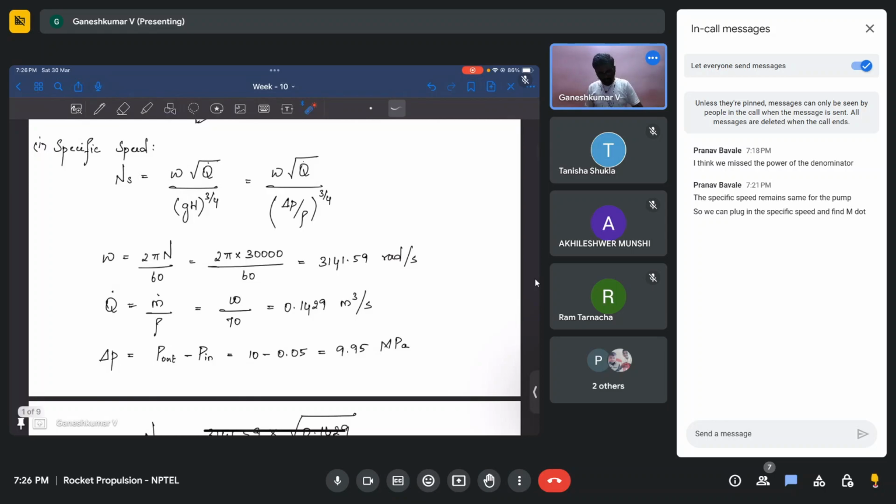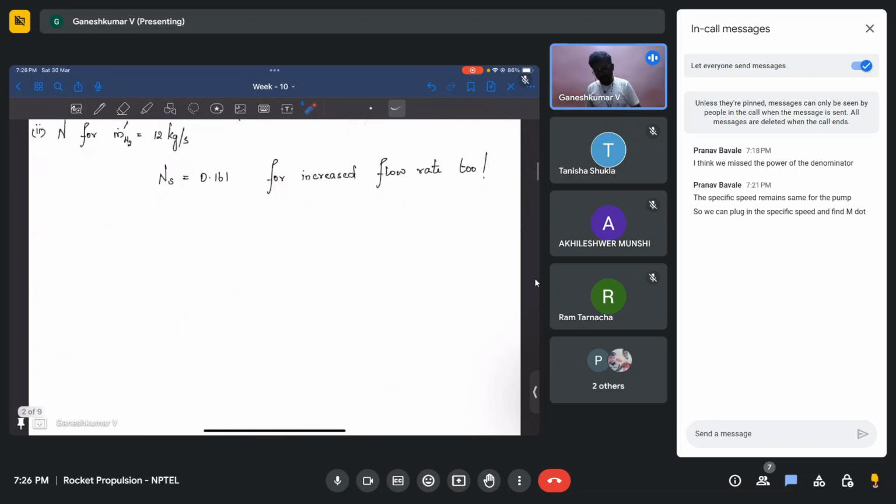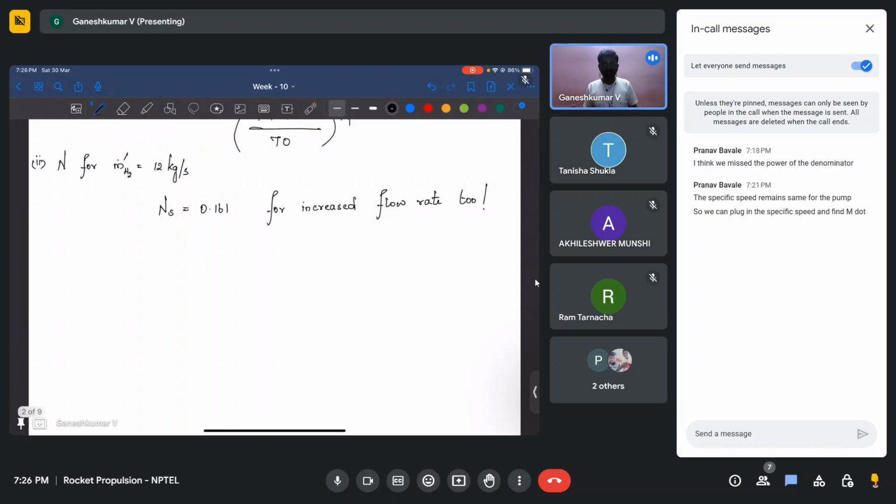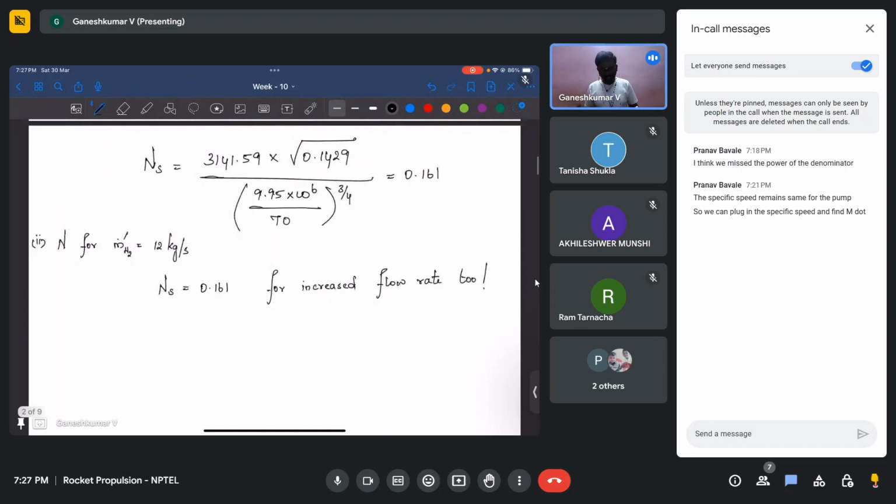Since the pump is fixed, the specific speed is also fixed. We are just trying to increase the flow rate, and we will see what other parameters get affected. It turns out that, as the question asks, the RPM is going to be affected. I hope it gives you some clarity.